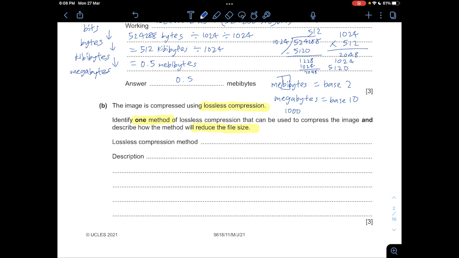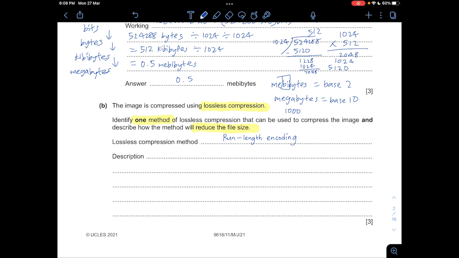For compressing an image, mostly we'll be using run length encoding, also known as RLE. And then the description would be where we explain how this run length encoding works.